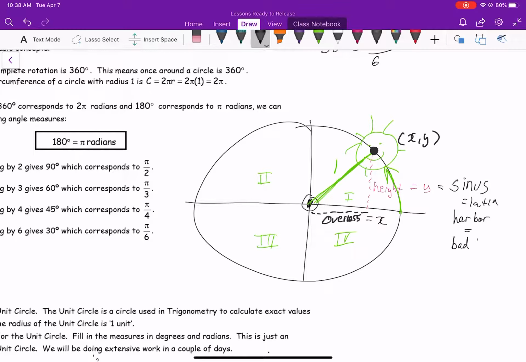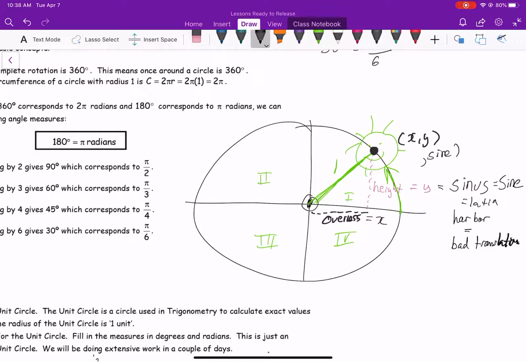That's a horrible translation because it was supposed to be height. But the closest Latin word was sinus. We now know that as the sine. On your calculator, it's S-I-N. So we now know that that y component is the sine.